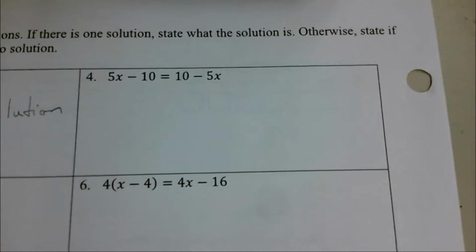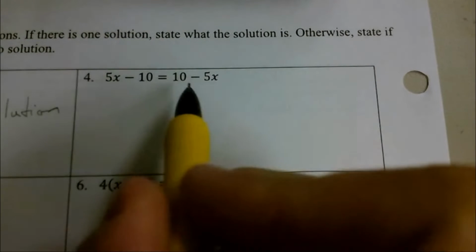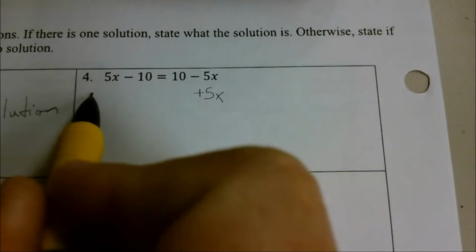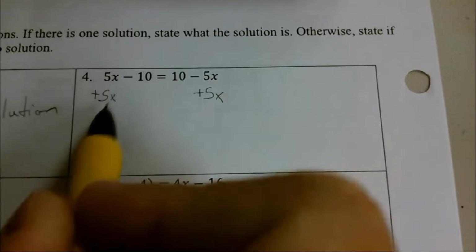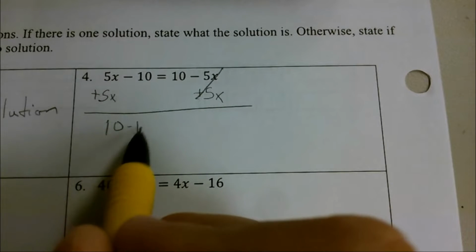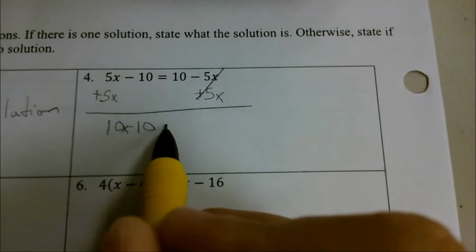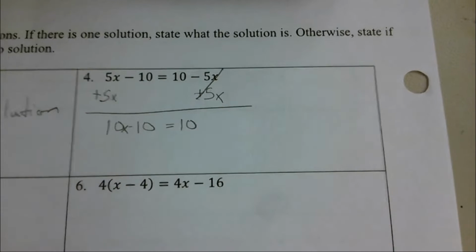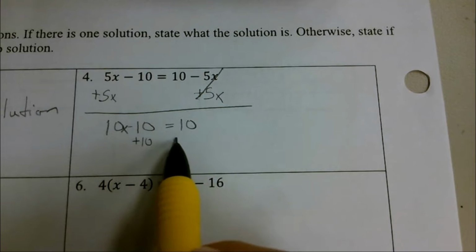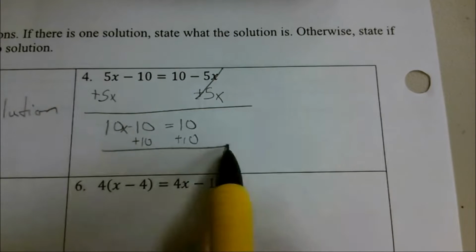Let's jump over to number 4. In number 4, I'm going to get all those x's to the left side, so I'm going to add 5x to both sides. And I get 10x minus 10 equals 10. Then I'm going to add 10 to both sides.